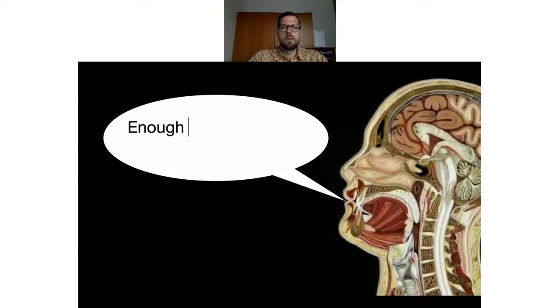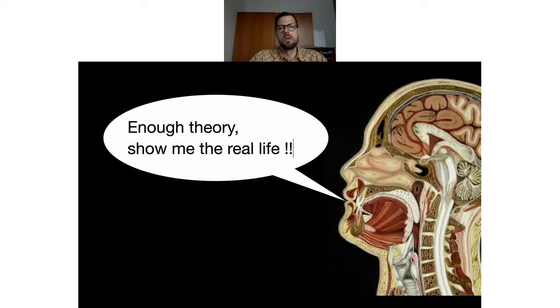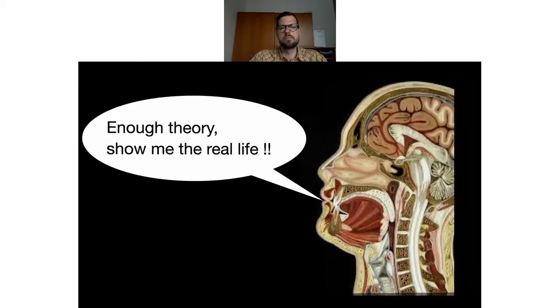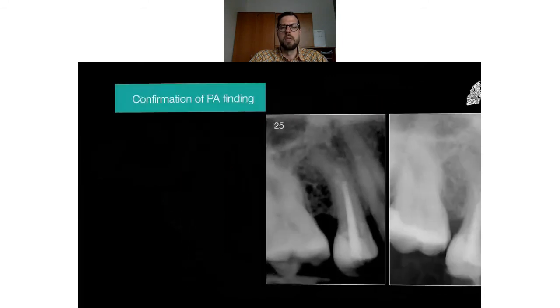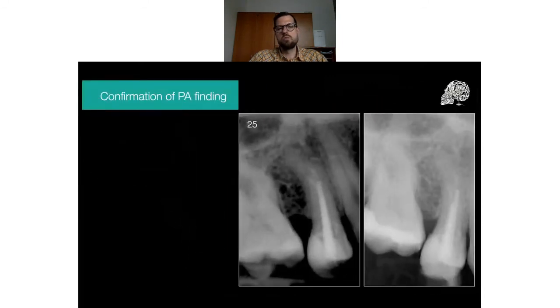So enough of the theory, and now we are going to show some real life. That means we are going to the clinical cases. So, for example, the CBCT you can use as a confirmation for periapical findings.